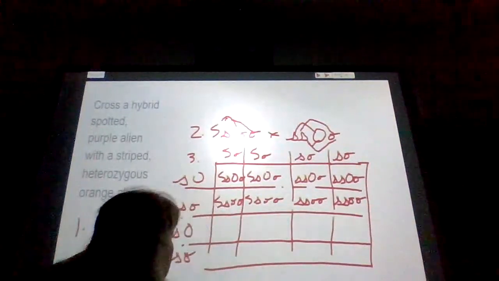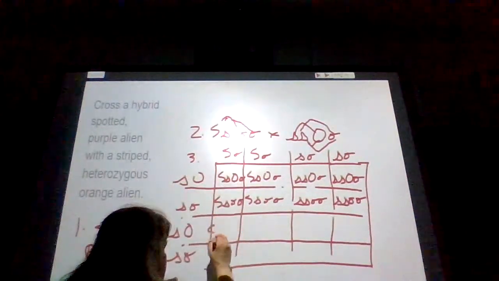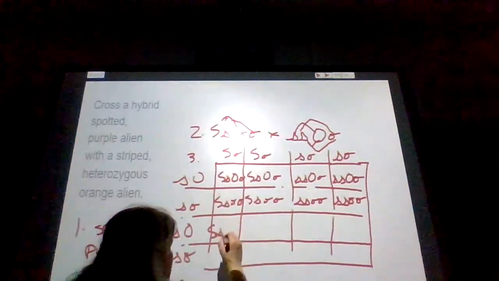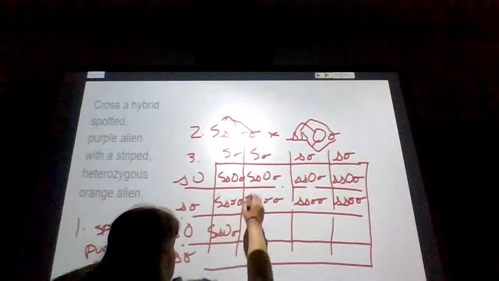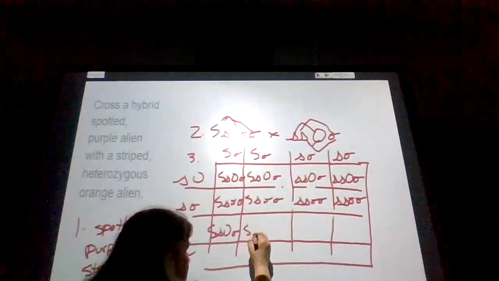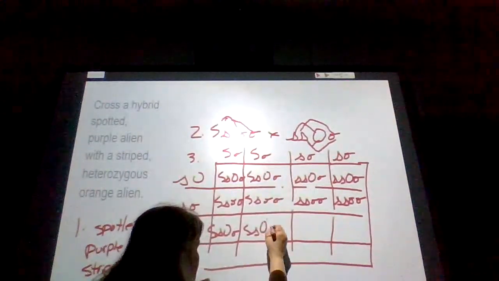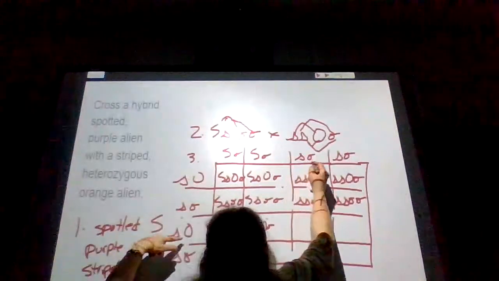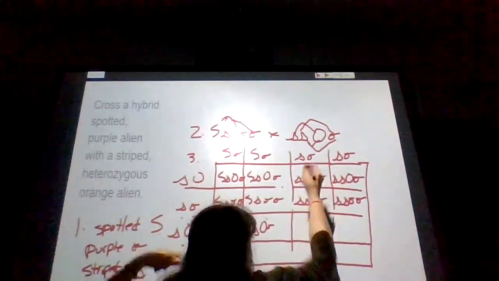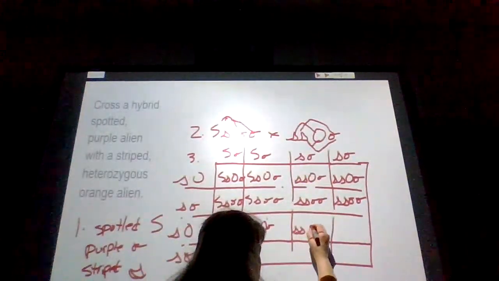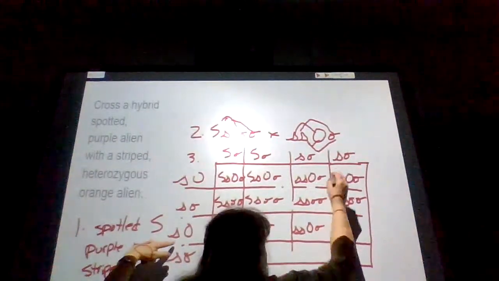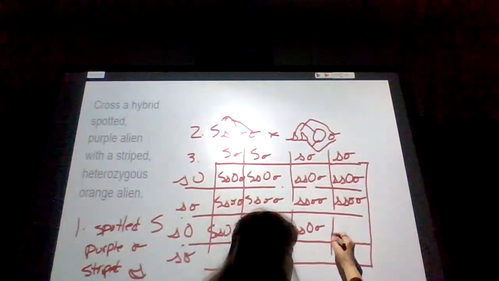My next row, big S, little s, big O, little o, big S, little s, big O, little o, little s, big O, little o.